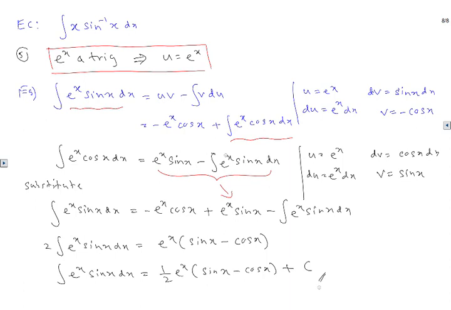You can see that this problem is slightly different, but it's not too difficult, but it follows a different path. So you have to do 2 integrals, and from the second integral you will substitute the first integral. You're going to substitute for e^x cosine x, and then you move the integral to the other side, and then you divide, and then you end up getting half e^x times sine x minus cosine x. Okay, this is a special integral.